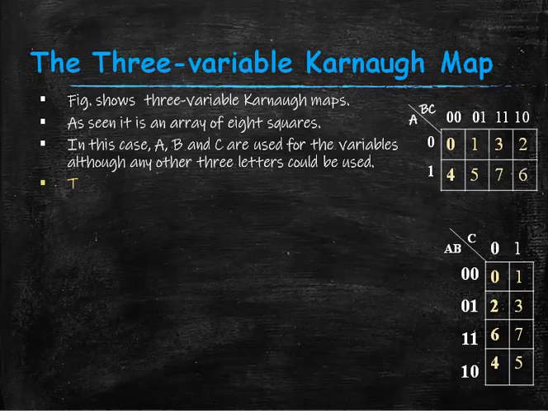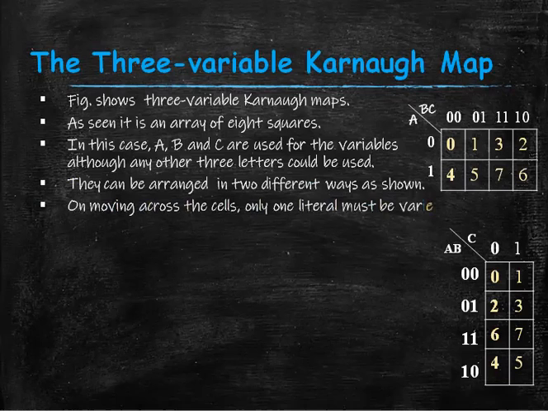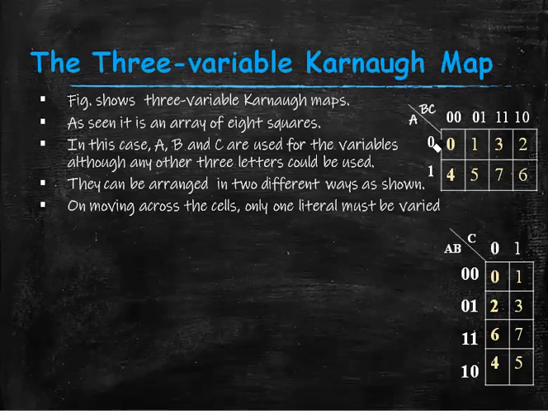Now look at this representation. In the previous case, in the two variable case, we know that for A only two cases 0 and 1, and for B only 0 and 1. Then we write 0, 1, and in the upper side also we write 0, 1.